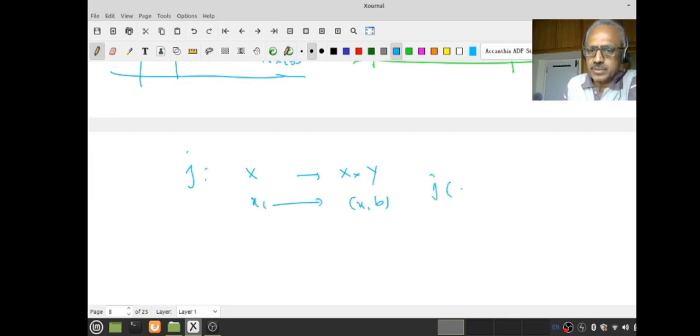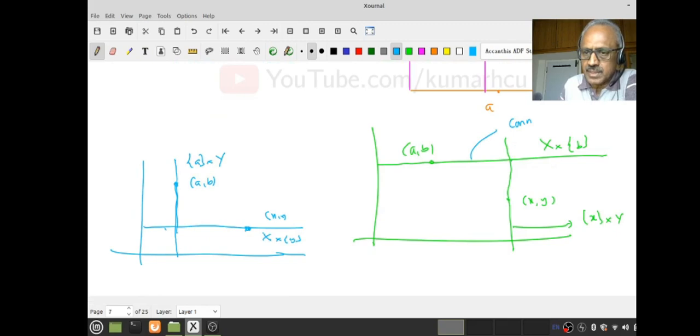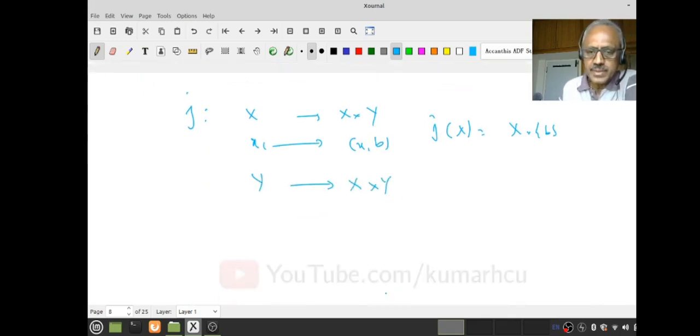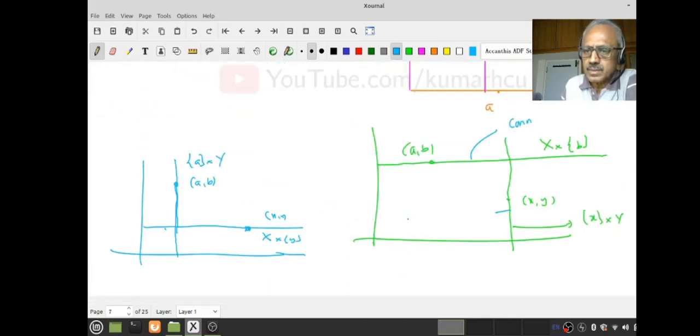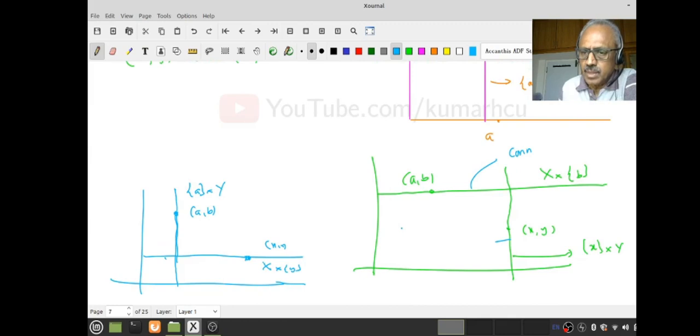So J of capital X is X cross singleton b. You follow that? I am just looking at this map being connected. Similarly this set is also connected. The other one is the map y going to (x, y).